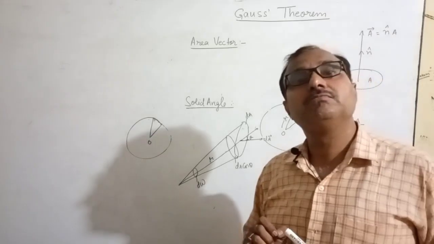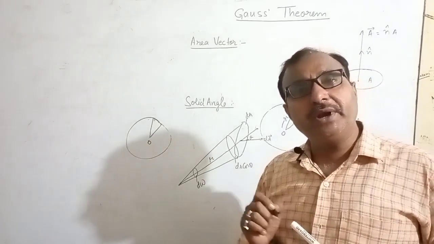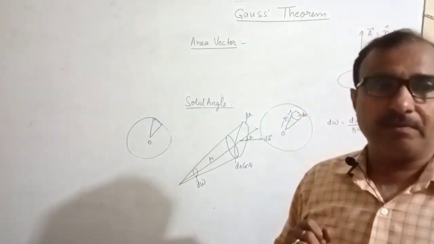That is known as plane angle. Think of a ring or bangle. The unit of plane angle is radian.